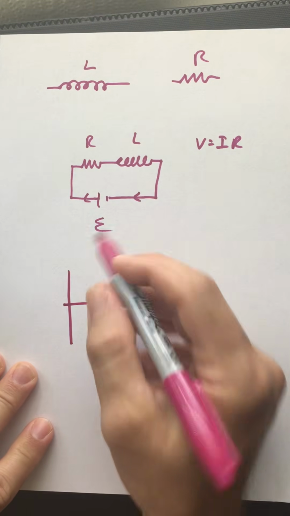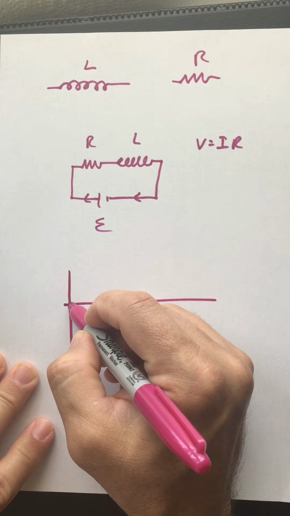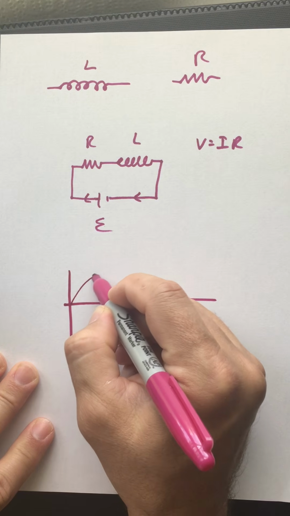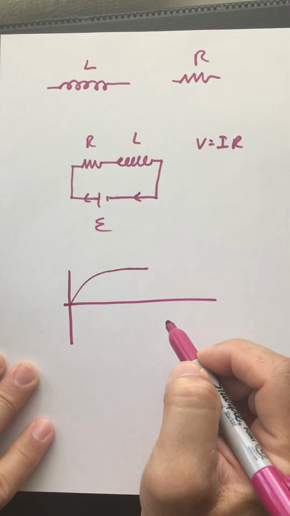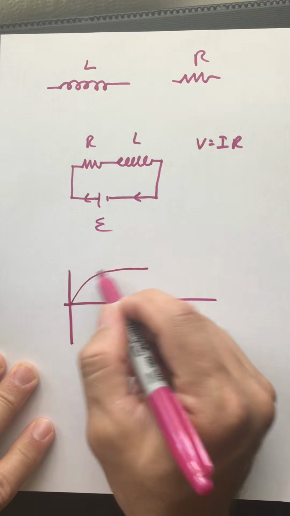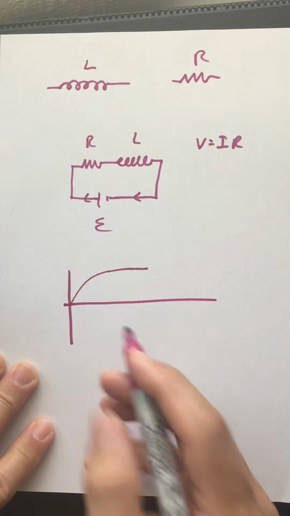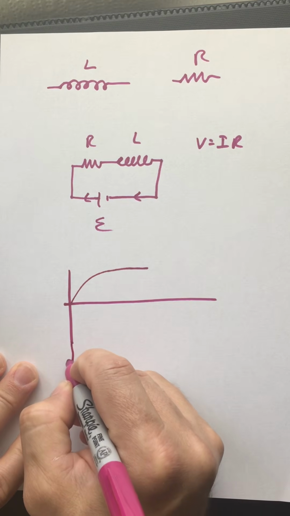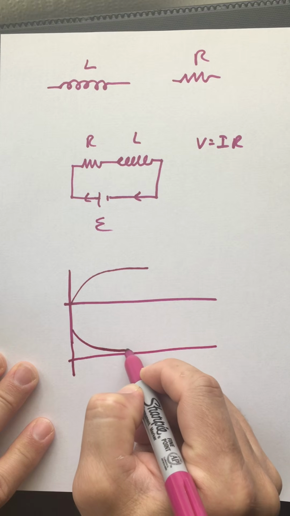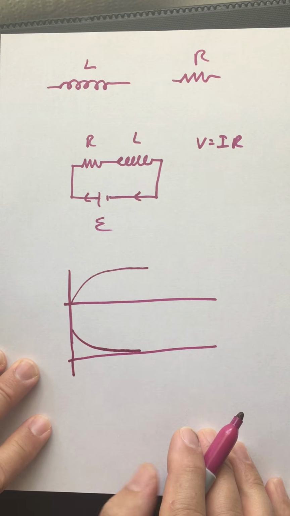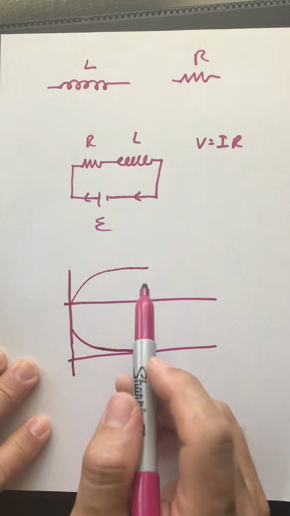If I turn the switch on, the current starts to ramp up and eventually gets to the full current. But the shape of this curve is determined by the inductor. Similarly, if I turn the current off, it starts at some value and then it decays down and eventually gets to 0. Again, because of the shape of this.